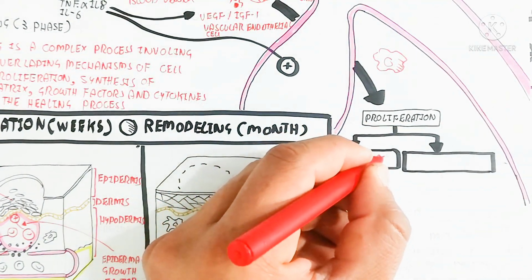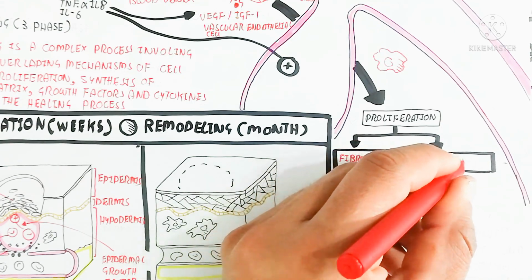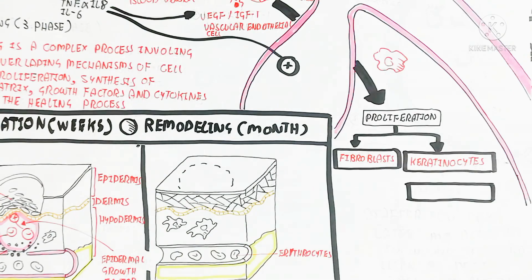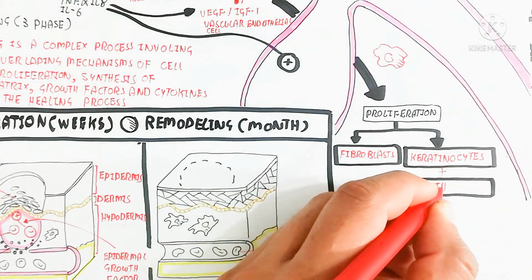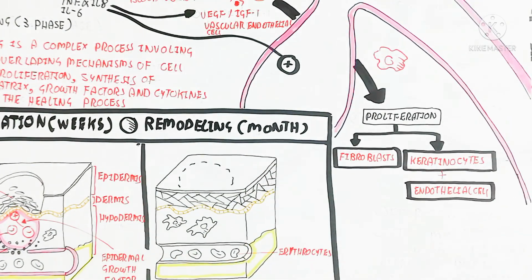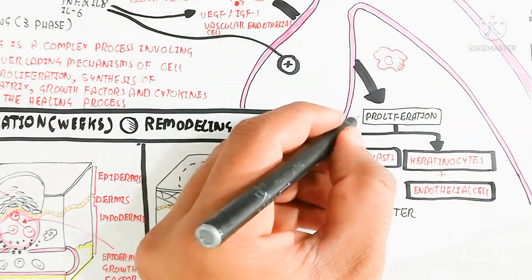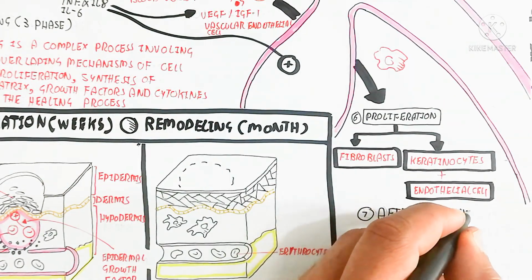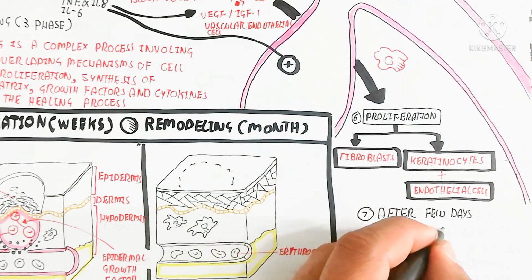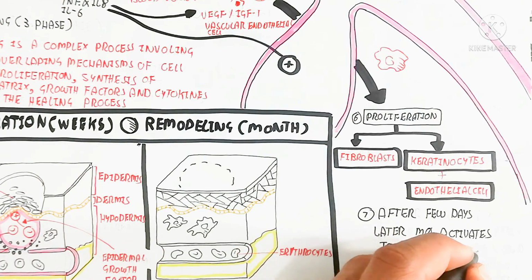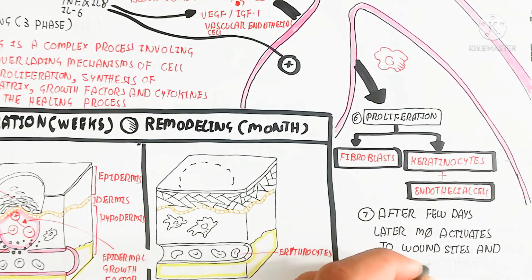On the other hand, here is the fibroblast maturation and proliferation to produce three types of cells. The fibroblast also proliferates, while keratinocytes will be produced, with proliferation of keratinocytes and endothelial cells. The endothelial cell proliferation is due to the fibroblast response, and on the other hand the keratinocytes.